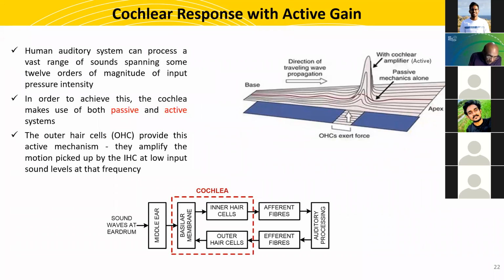So the human auditory system can process a vast range of sounds spanning some 12 orders of magnitude in input pressure intensity. What I have explained so far is called the passive cochlea. We only have fixed frequencies, resonance Q values or bandwidths.